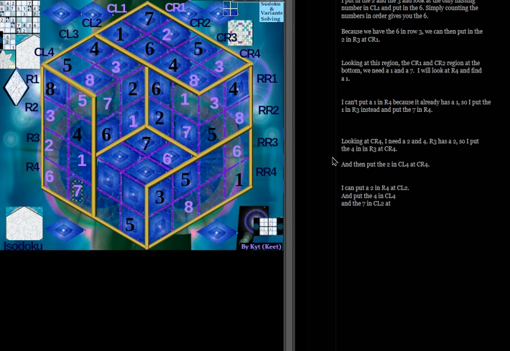Okay, looking at column right 4, I need a 2 and a 4. Row 3 has the 2, so I put the 4 in row 3.